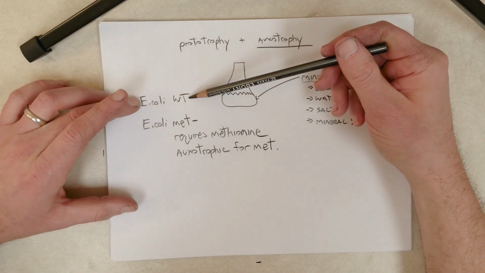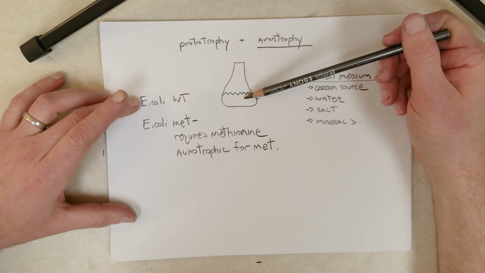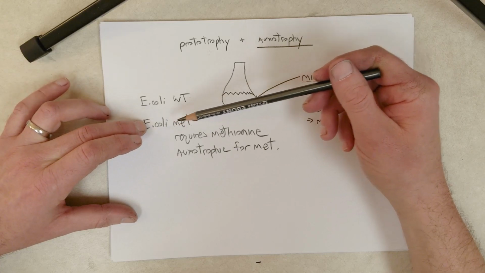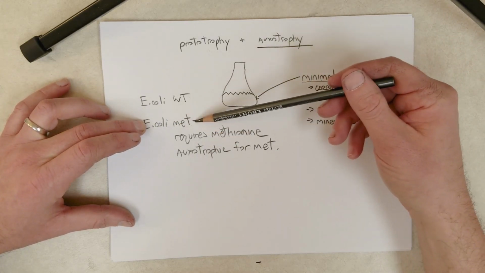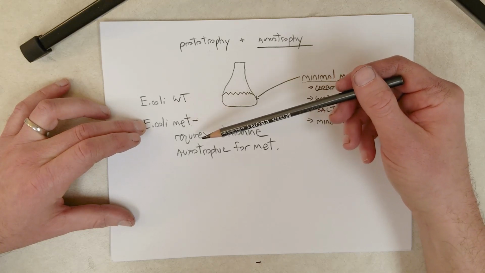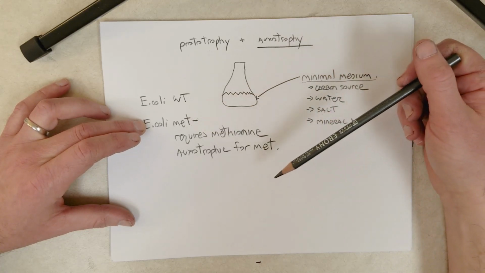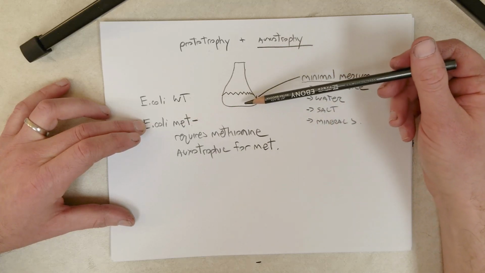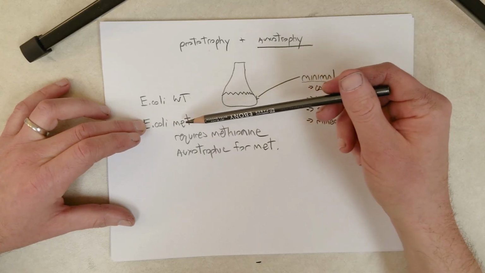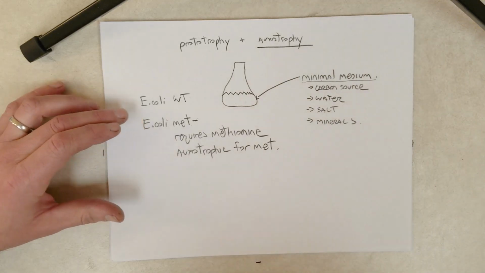Again, E. coli wild type, prototrophic, doesn't require methionine in its medium. An E. coli met minus mutant is mutated in a gene required to make methionine. That means it must get methionine from its environment, must import it in order to survive. So if there's no methionine in the medium, well, this E. coli met minus strain will not grow.